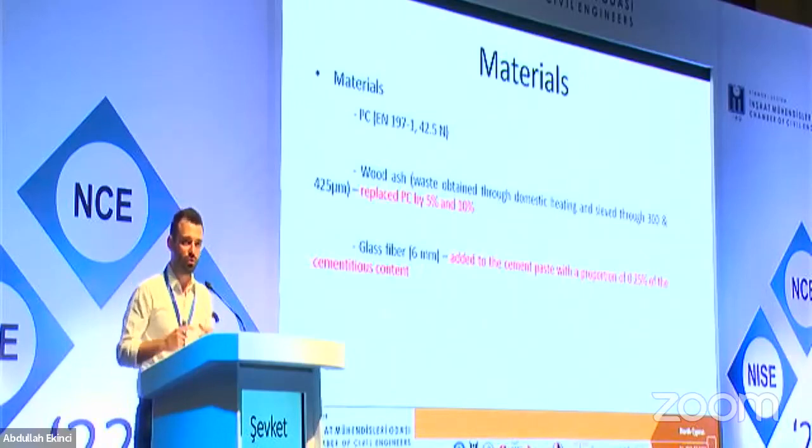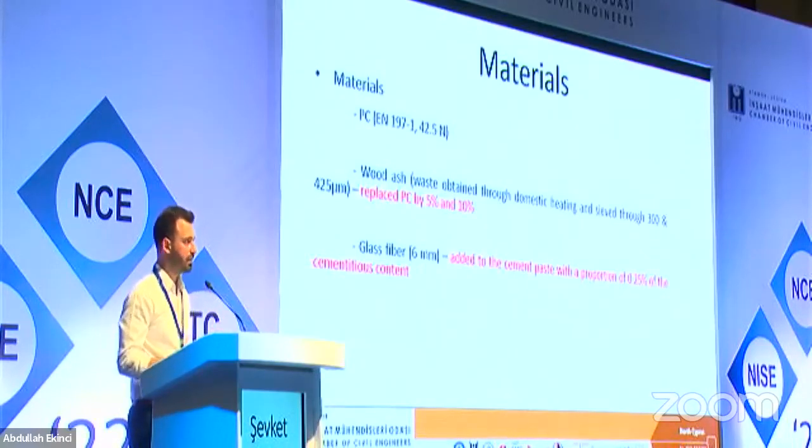These are quite coarser when compared with Portland cement, but there are some other researches I have been doing. This is only glass fiber today. I have animal hair, and I have polypropylene fiber. In order to cope with all these projects, I kept the sieve sizes quite coarse to extract more material, to be honest.